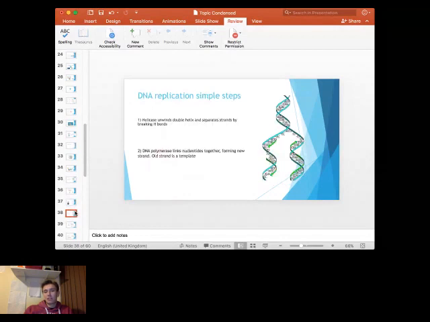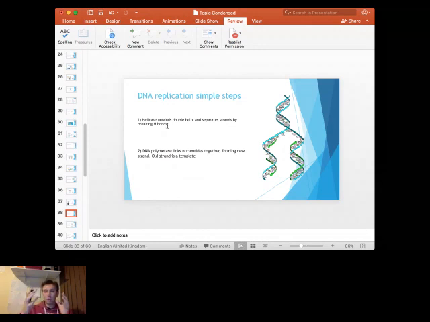So, DNA replication in very, very simple steps. DNA replication starts off with this beautiful enzyme called helicase. What helicase does is take this double helix of complementary base paired genetic strands and unwind that helix. It unwinds it and then separates the hydrogen bonds that exist between the two different strands. Why does it do this?